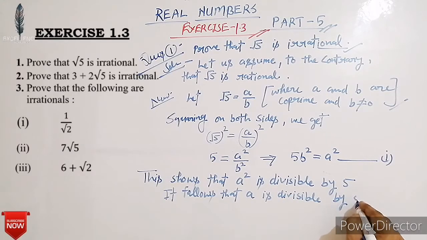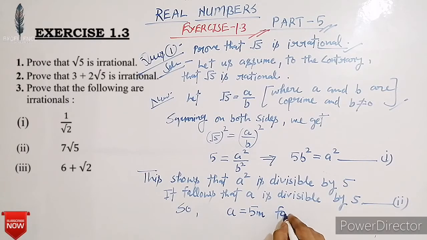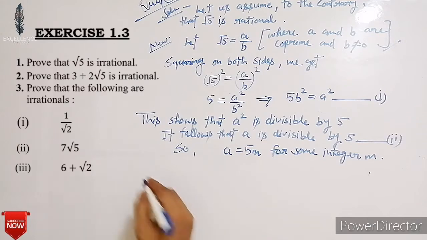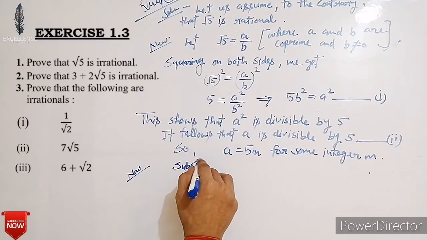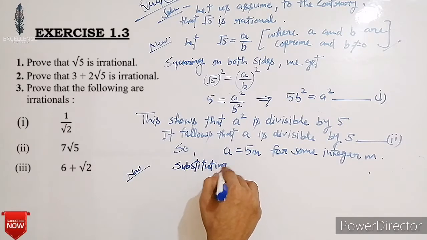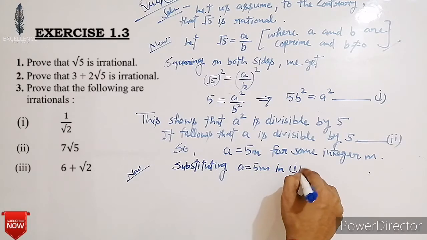Okay students. Let it equation second. So here A is equals to 5m for some integer m. So here we get A is equals to 5m. Okay students. So now substituting A is equals to 5m in equation first.